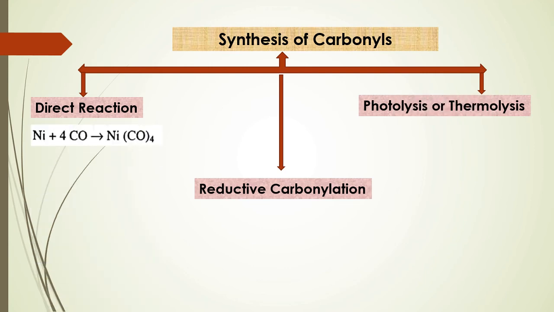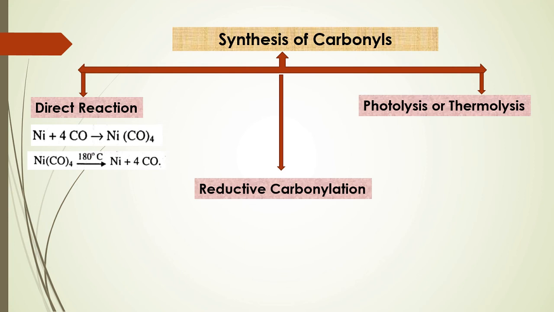Now what is the direct method? In this method the metal directly reacts with carbon monoxide under mild conditions. Only nickel and iron generally react in this manner to form nickel carbonyl and iron carbonyl complexes.